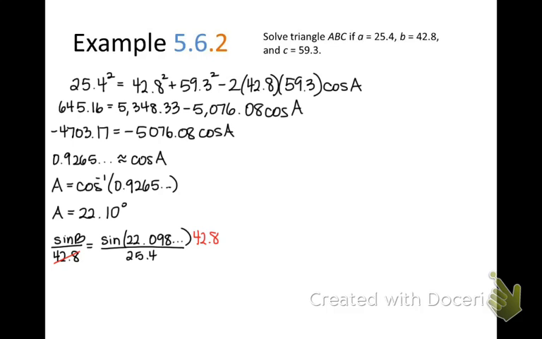So I have sine of my answer from before, end my parentheses, times 42.8 divided by 25.4, and I'm getting that the sine of B should be approximately, not exactly, but approximately 0.6333, and then blah, blah, blah. So how do I solve for that?